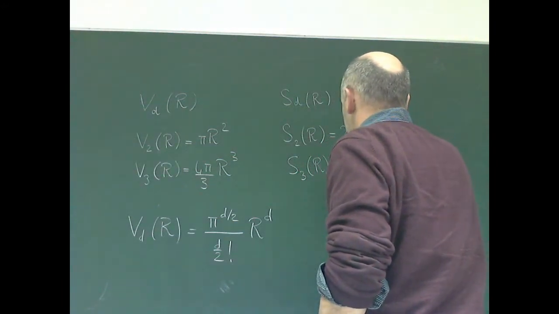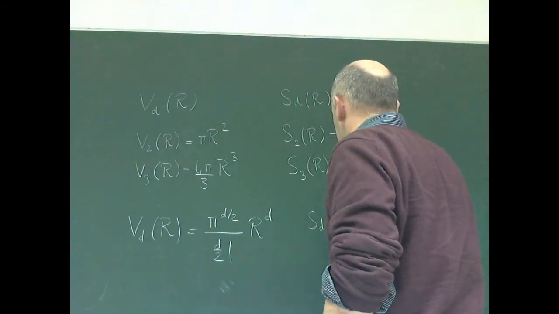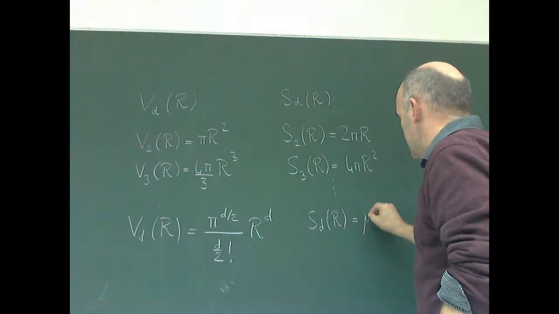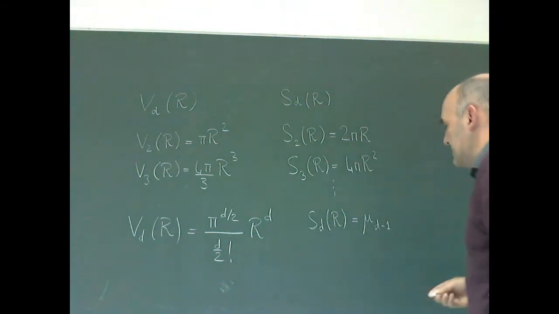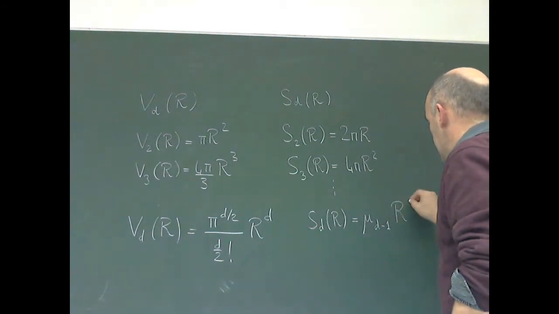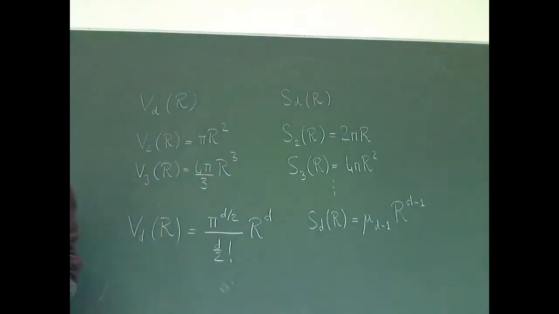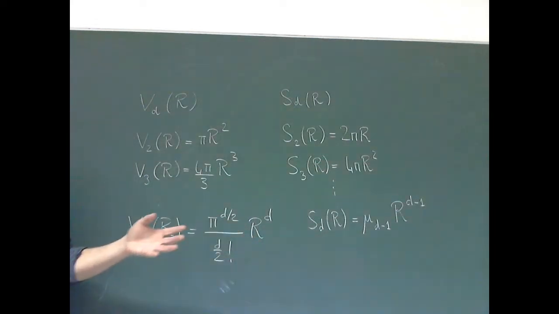So in d dimensions, in general, the surface of the sphere would be equal to mu, some factor that we want to compute, times r to the d minus 1. Volumes are proportional to r to the d, and surfaces to r to the d minus 1, since these surfaces are manifolds with one dimension less.